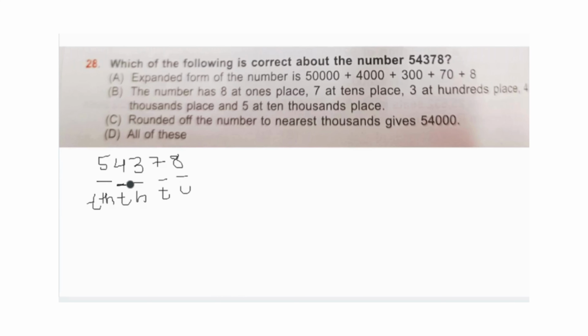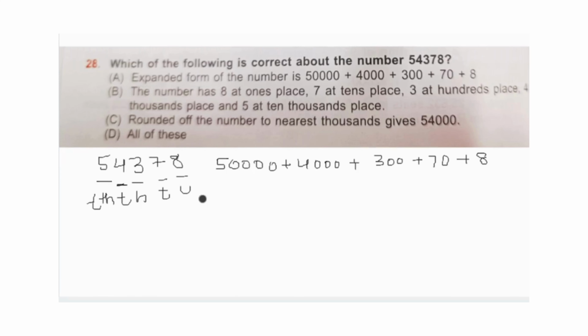So this can be written as 50,000 plus 4,000 plus 300 plus 70 plus 8, which is the expanded form of the number. So option A is correct.